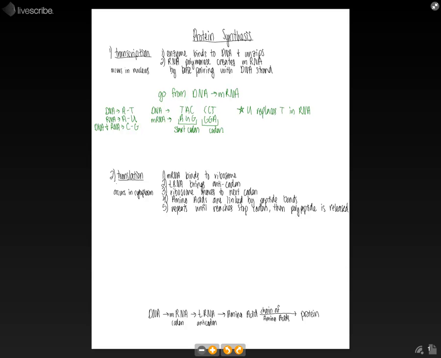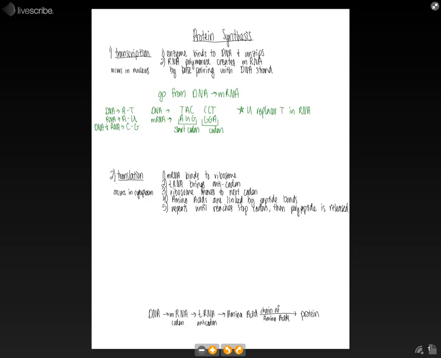Each of these anticodons codes for a specific amino acid, and each of these amino acids will be linked by peptide bonds. This process will keep repeating until we reach a stop codon, and then once we hit a stop codon, the polypeptide will be released.